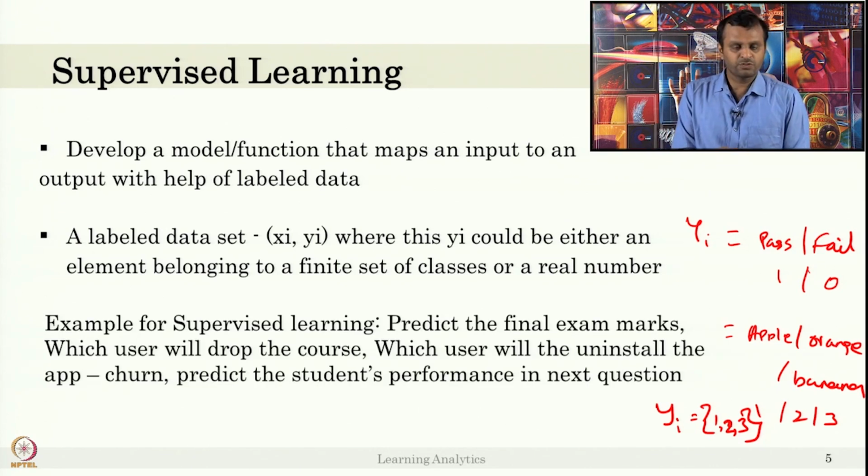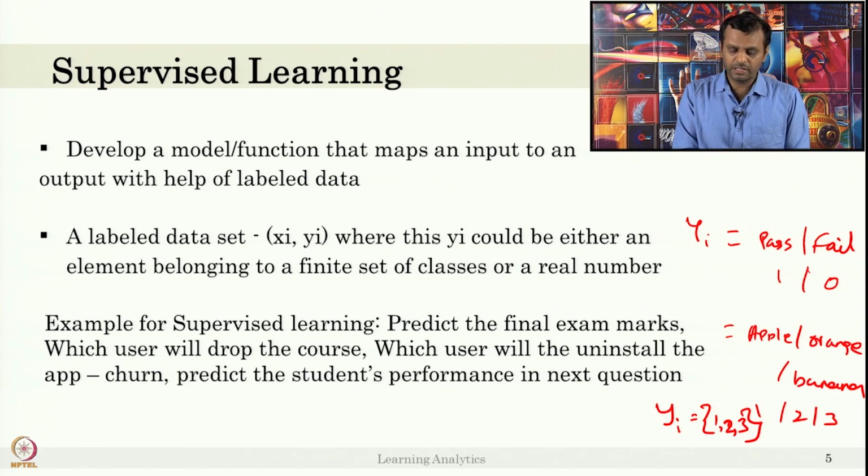Examples of supervised algorithms: we can predict students' final exam scores based on the interactions in the class, in the environment. Or we can predict in a MOOC which user will drop the course in 5 weeks or 6 weeks. The dropping will be binary classification, saying that he will drop or not drop.